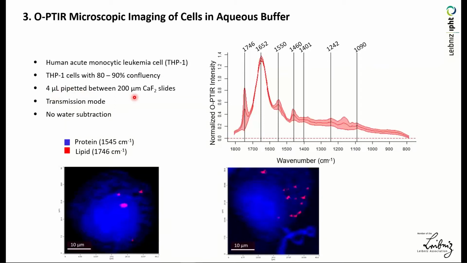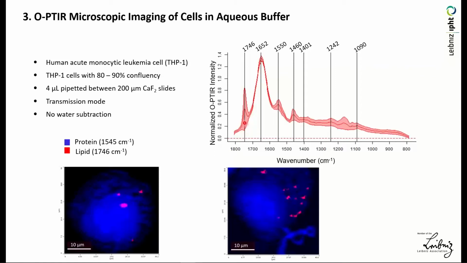The thickness was just 200 micrometer. Data were collected in transmission mode. And of course, the data shown here are without water subtraction. That means this amide 1 band also contains spectral contributions from water.